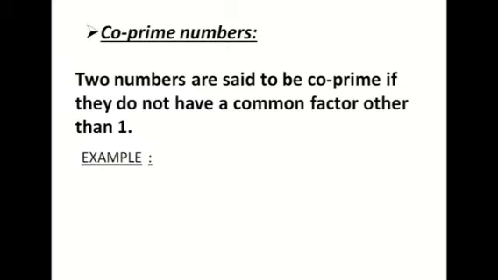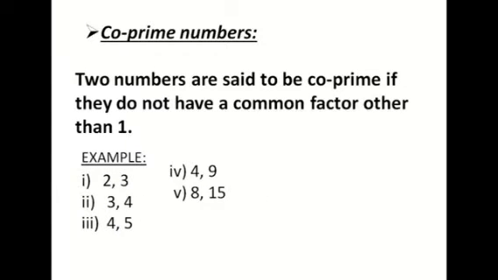Look at these examples here. I have taken a few pairs. The example number 1: 2 and 3. If we factorize 2 and 3, we will get 1 as a common factor. You just try to check all these pairs.